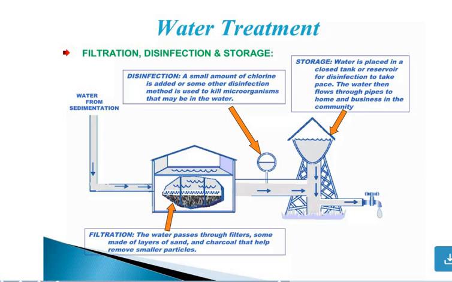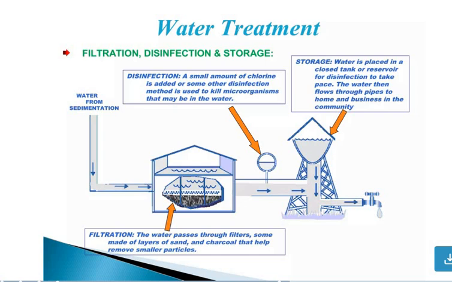So water treatment: water from sedimentation now goes to filtration. The water passes through filters, some made of layers of sand and charcoal that help remove small particles. Then disinfection. A small amount of chlorine is added or some other disinfection method is used to kill microorganisms that may be in the water.